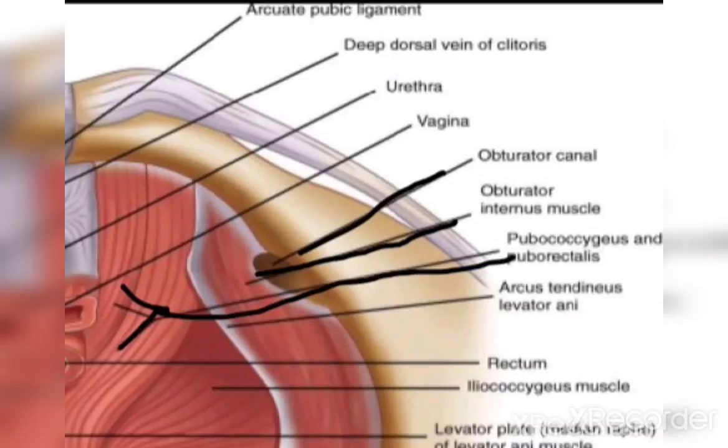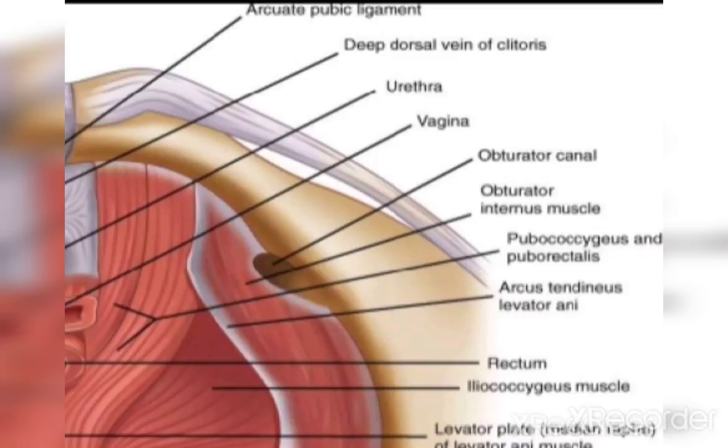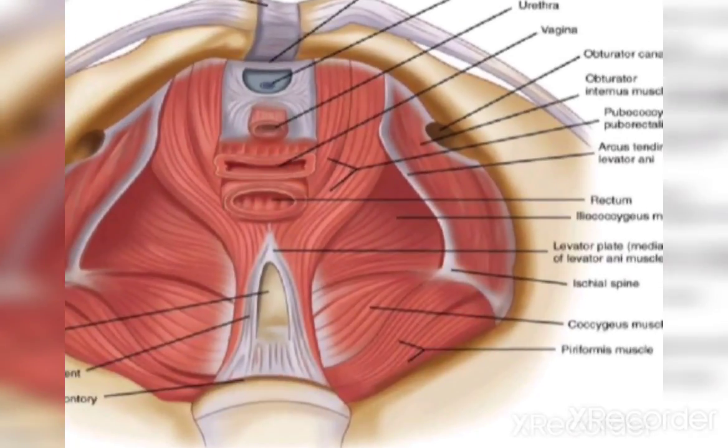Now the other is the arcuate tendinous arch of the levator ani, and the rectum, here the anal opening. Then there is the iliococcygeus muscle. Then there is the levator plate, the median plate of the levator ani muscle. You can see the levator plate here, and the ischial spine.